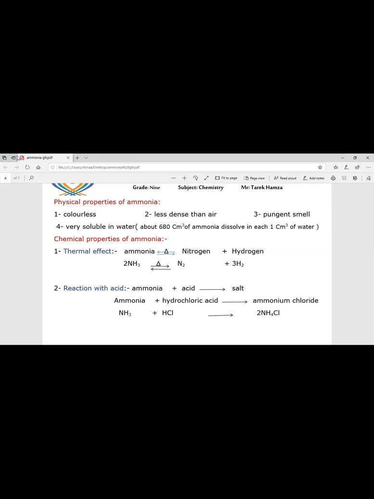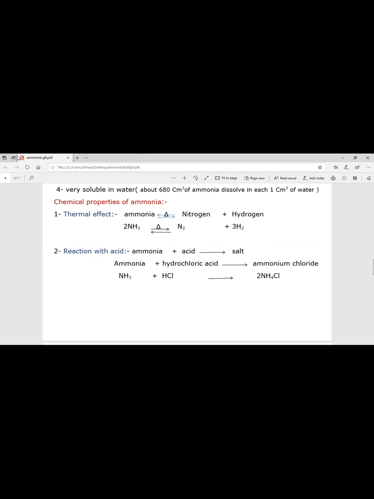This reaction is called a reversible reaction because when nitrogen reacts with hydrogen, it gives ammonia, but when you apply heat on ammonia, it produces nitrogen and hydrogen. This equation is represented by 2NH3, ammonia, by the effect of heat produces nitrogen N2 and 3H2 hydrogen.